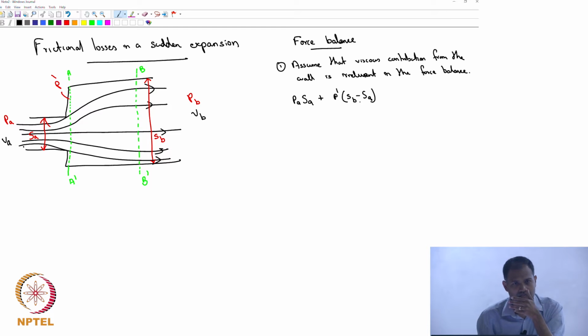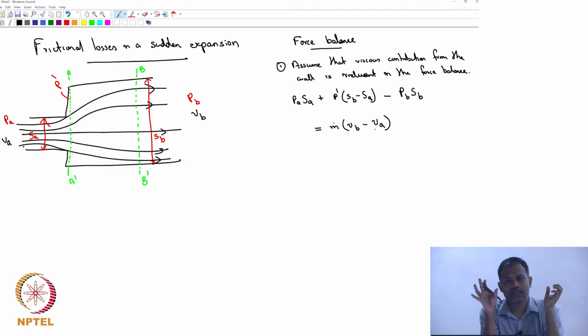So that's the force acting along x direction, minus the force at the section B B prime, PB into SB. I'm just multiplying pressure with area to get my force, and that is equal to change in the momentum, which is going to be some mass flow rate m dot into (VB minus VA).